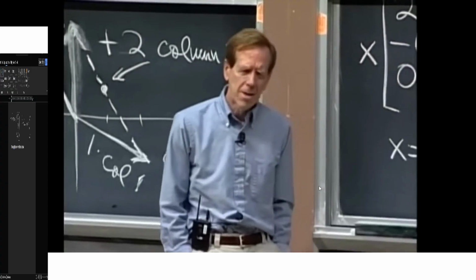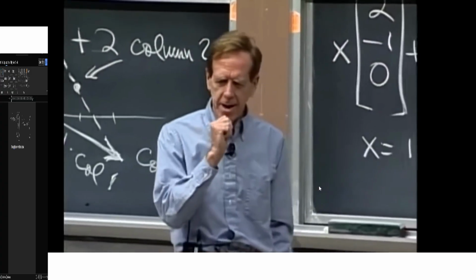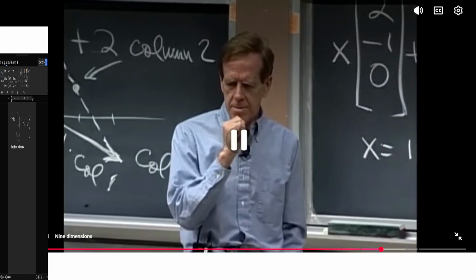Shall we take just a little shot at thinking about 9 dimensions? Imagine that we have vectors with 9 components. It's going to be hard to visualize those. I don't pretend to do it.